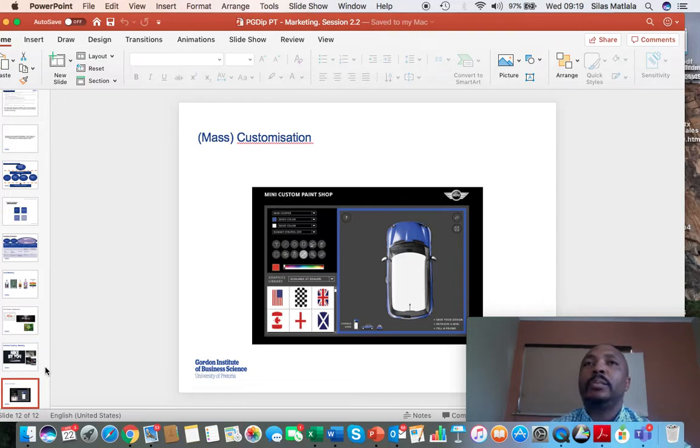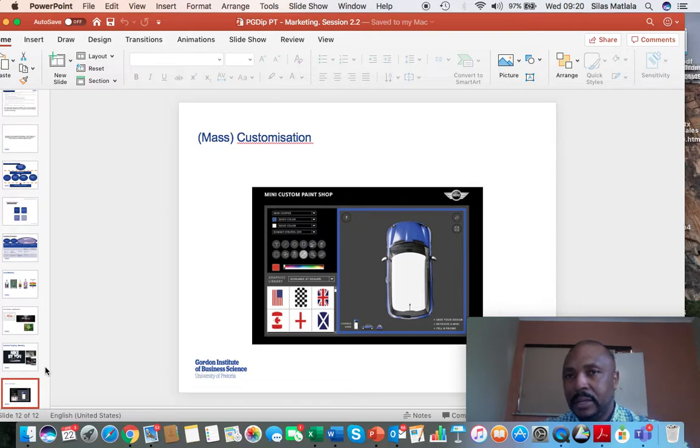But once again, to build on the STP process in closing, the process of segmentation, targeting, and later on positioning, it's about how you can compete better by refining your marketing activities, by refining your marketing strategy, by refining the target market that you are going to play in, because you cannot be everything to everyone.